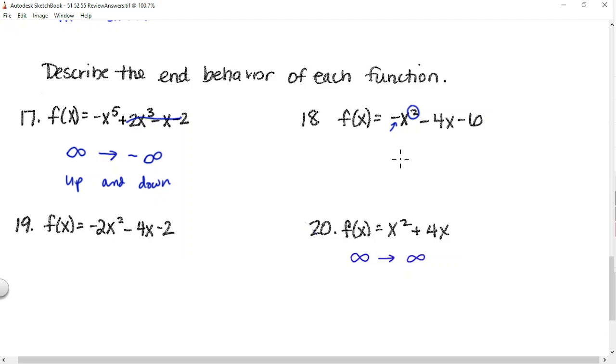So in that situation, we write down and down, or in the other notation, when you go all the way to the left, it's negative infinity, and then as you go to the right and keep going, it's also negative infinity.